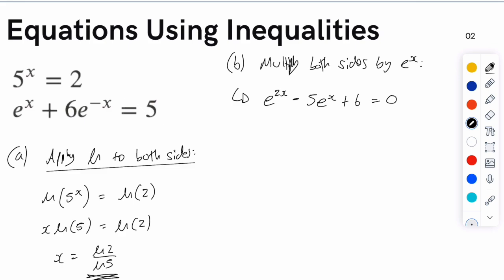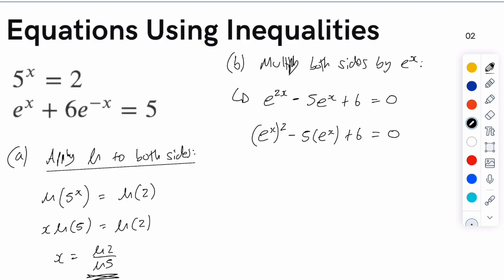So now we've got a quadratic equation, and this is just like saying e to the x squared minus 5 e to the x plus 6 equals 0. So now we've got a quadratic equation we can work with.